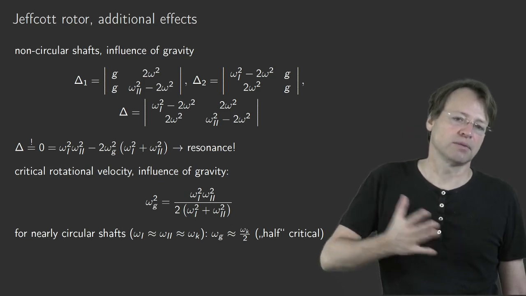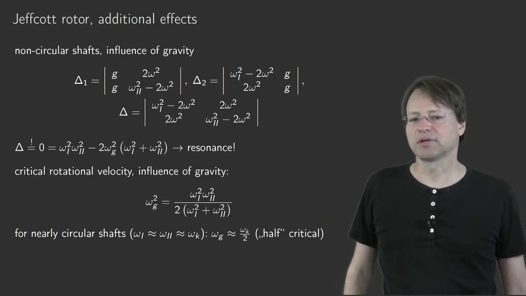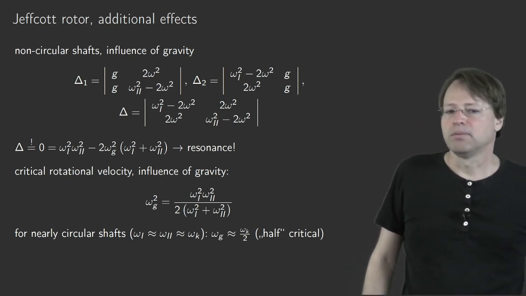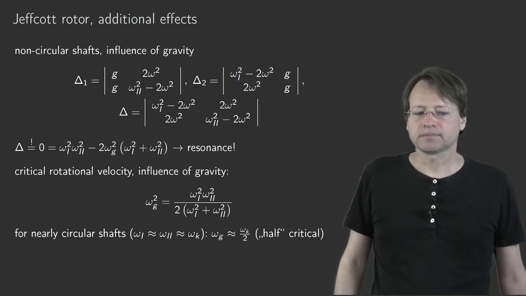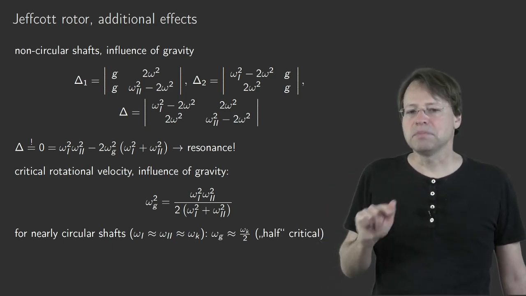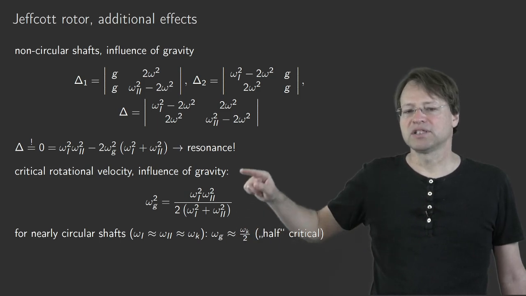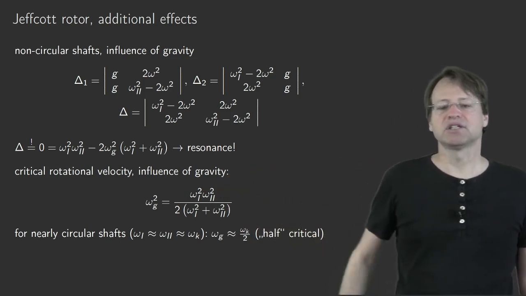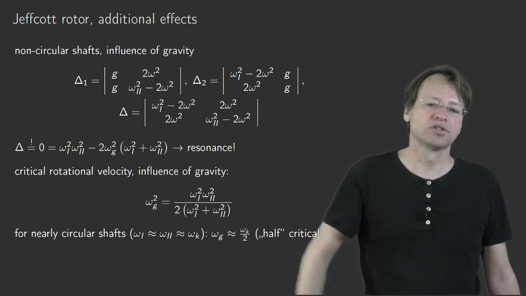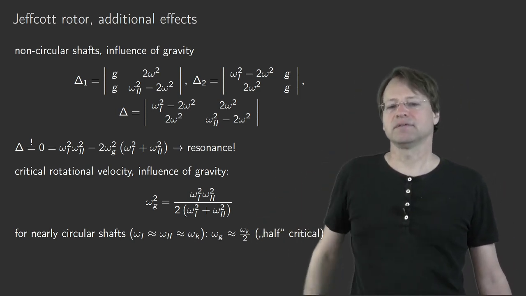You will always have some kind of geometric modifications, or at least some small deviations from circularity. So in all practical cases, if you do measurements, you will not only see the resonance peaks for omega 1 and omega 2, but you will also see higher amplitudes for that half critical value.